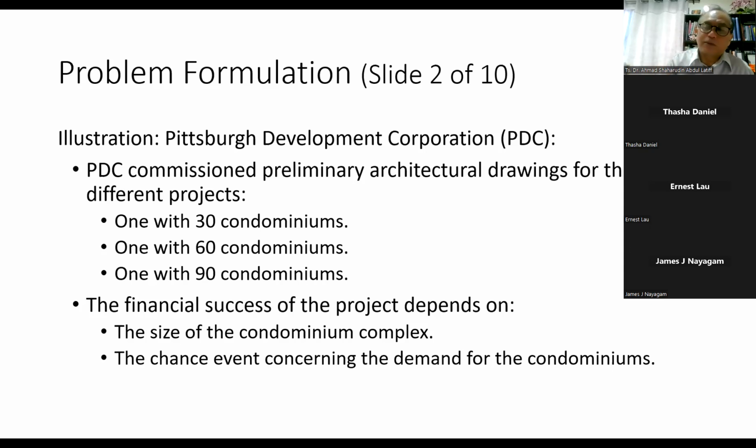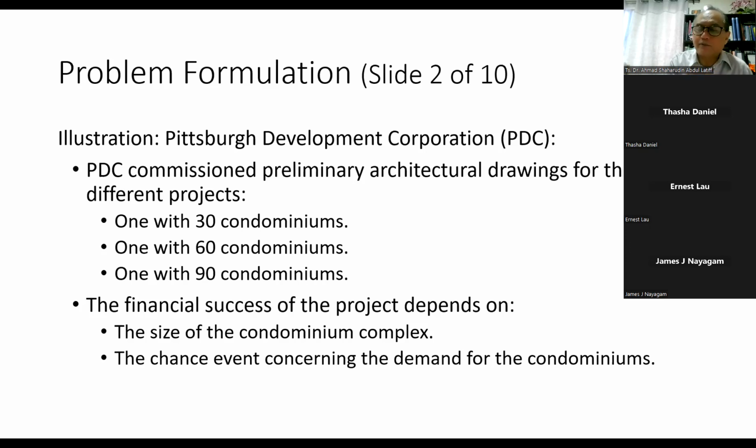They have 3 options: one project with 30 condominiums, which is a small project, or a mid-scale project with 60 condominiums, or a larger scale project with 90 condominiums, a large scale project.